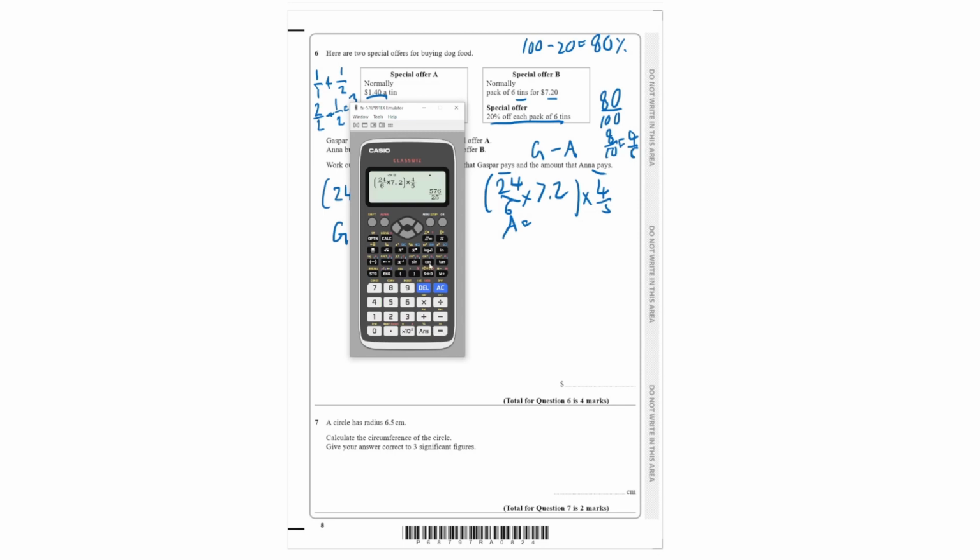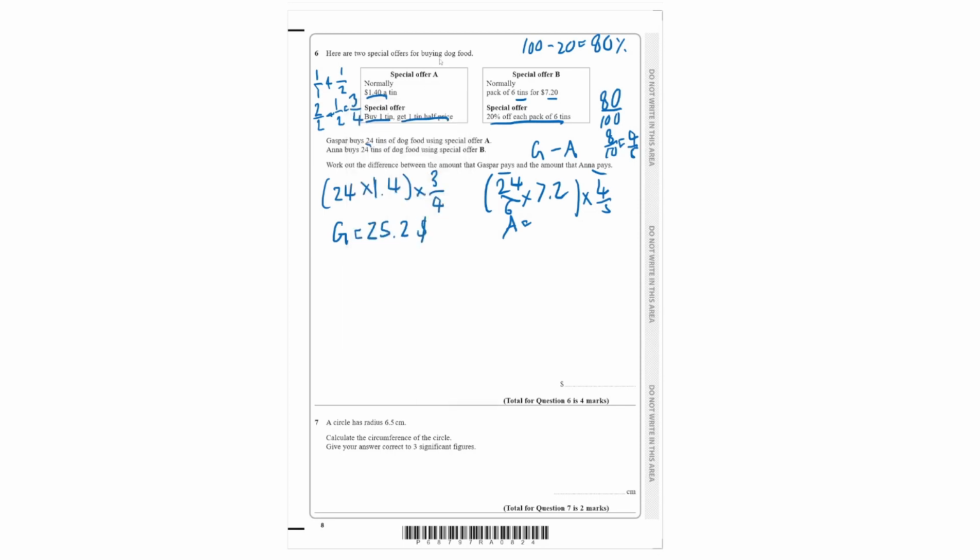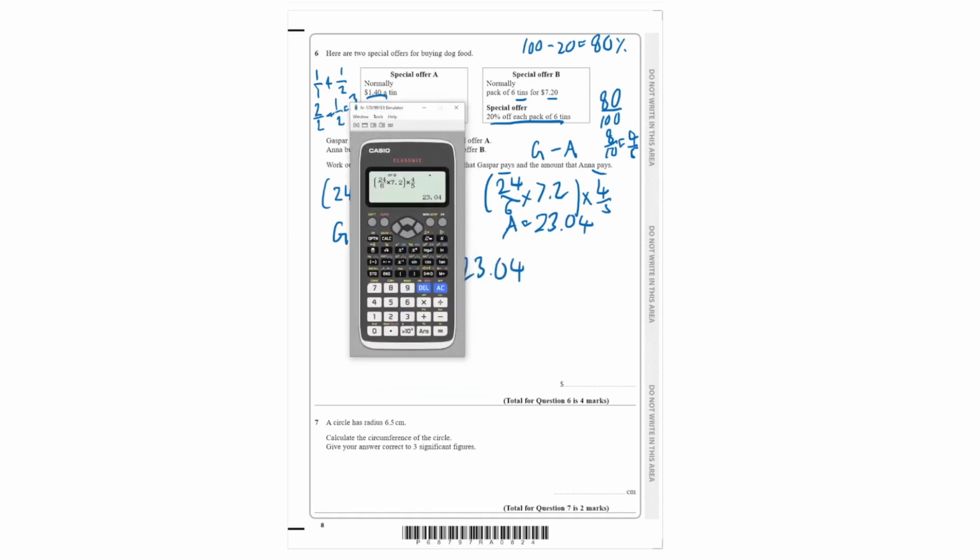We have 23.04. And it says to find the difference between the amount that Gaspar pays and the amount that Anna pays. So we simply have to subtract Gaspar's amount, 25.2, minus Anna's amount, which is 23.04. And we can use our calculator here.